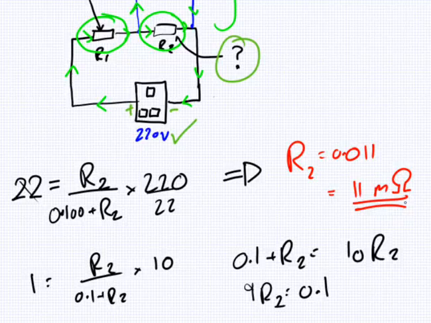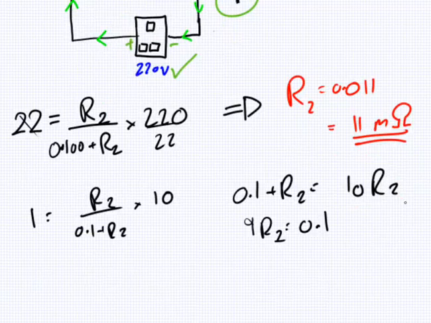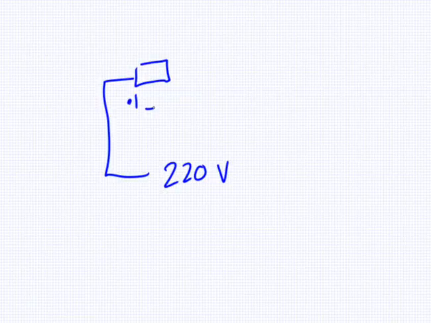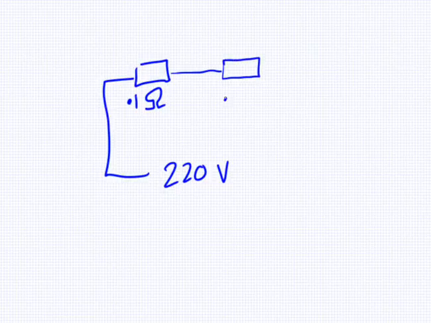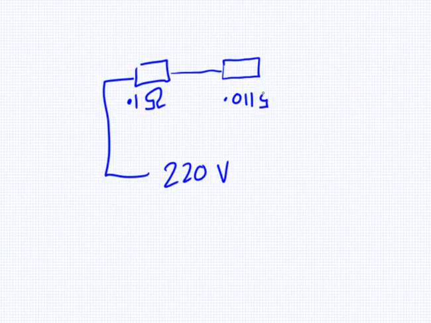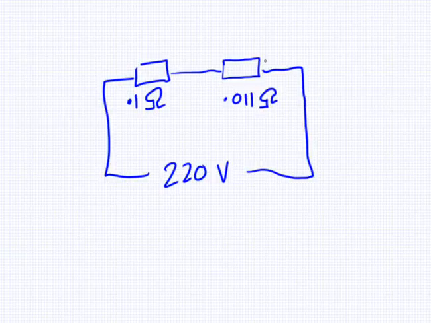Right. So I'll give you an example. I don't have to use this example, I'll just make one up. So let's say here we have 10 volts, and here this is 100 milliohms, and here is 200 milliohms. And my question is, what's the voltage here?